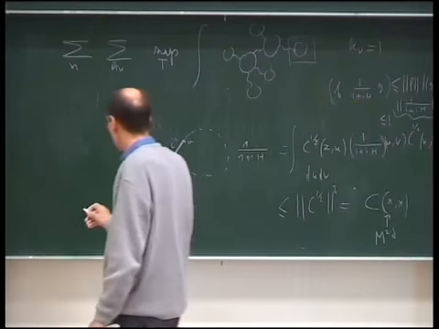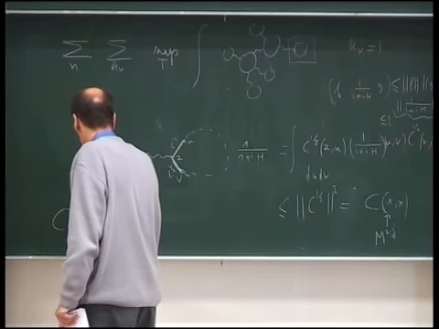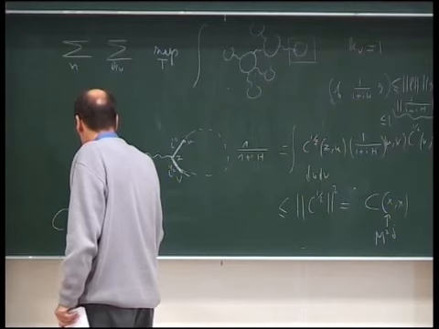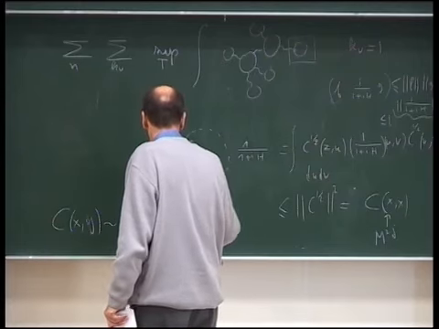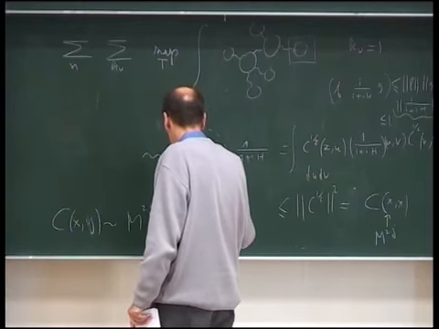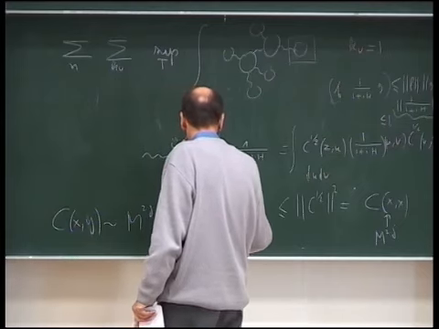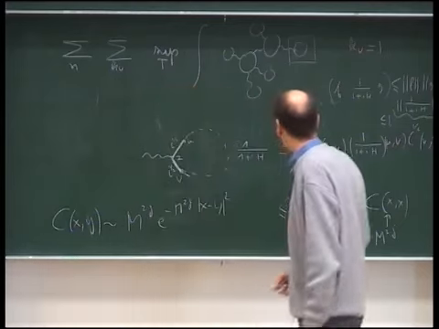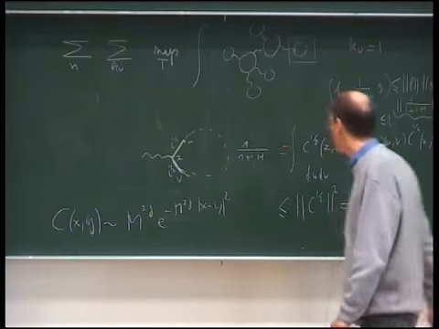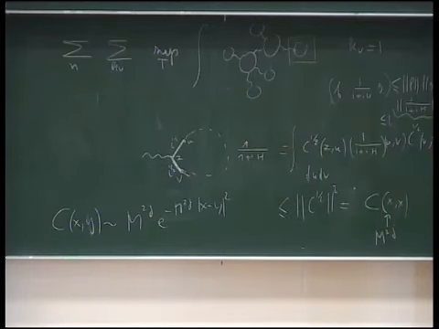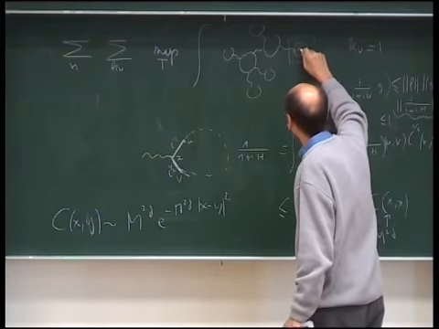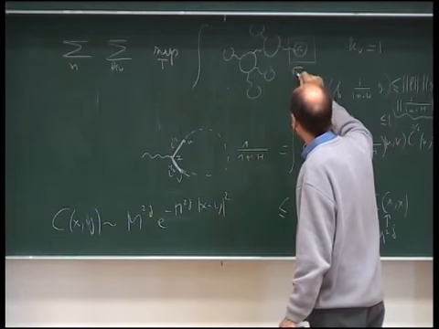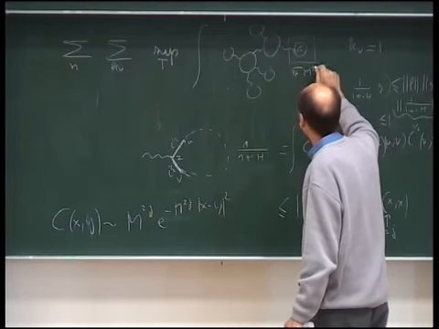But the C between x and y was essentially M2J e to the minus M2J times x minus y squared. So if you look at that at the same point, it just remains M2J. Okay? So a leaf, and there is a square root of lambda, is just bounded by square root of lambda times M2J.